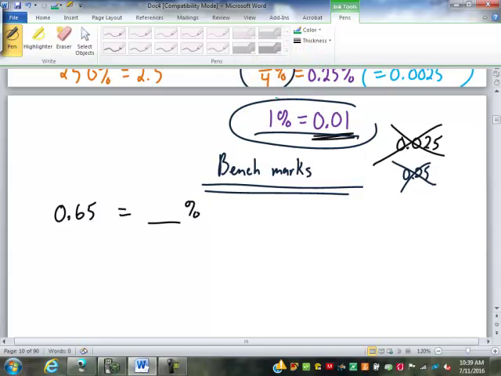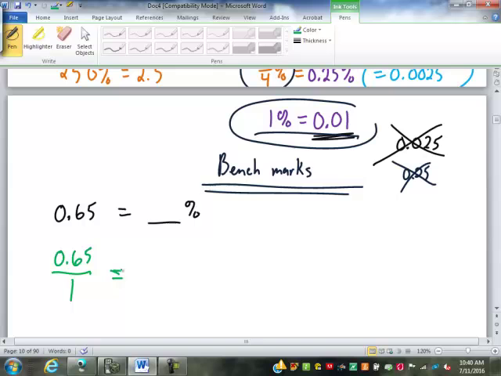Now the justification here is 0.65 is not a fraction. Well, it is a shortcut for a fraction. But if we looked at when we were doing our converting earlier to the nearest 8th or 16th or whatever, we made it a fraction by simply putting it over 1. So it's 0.65 over 1.